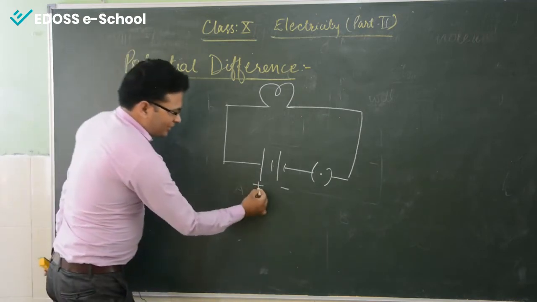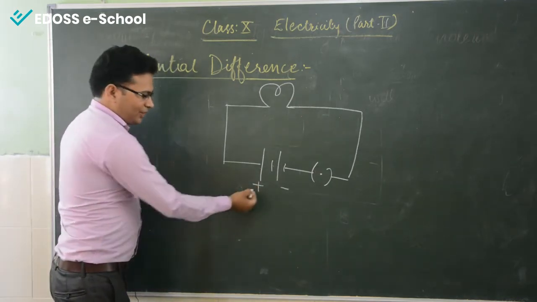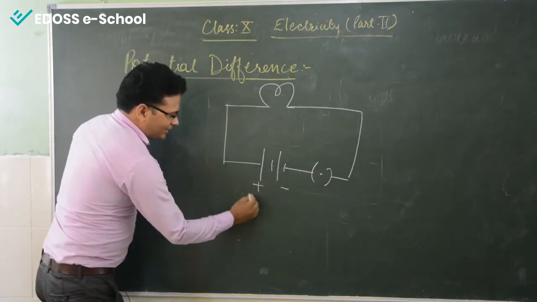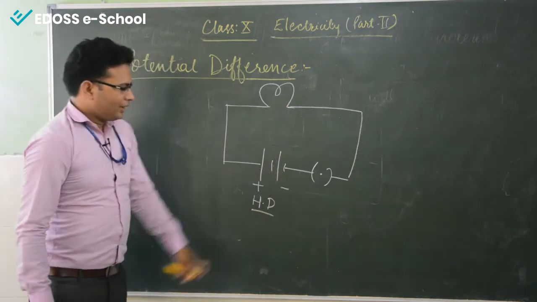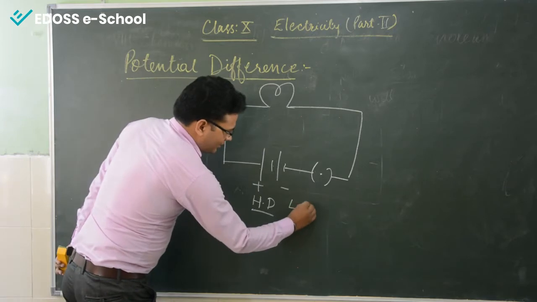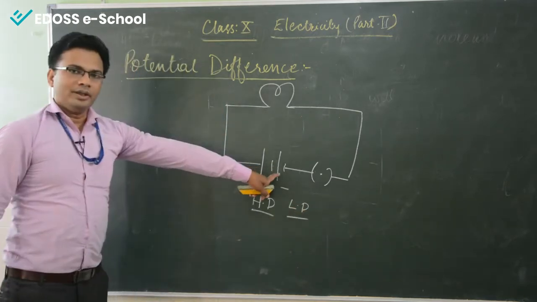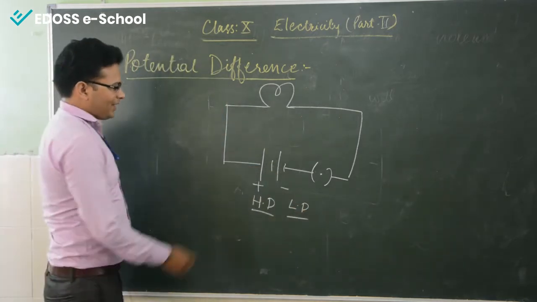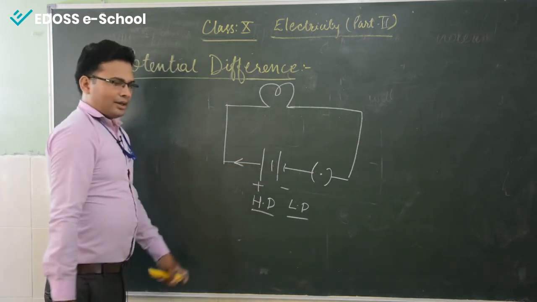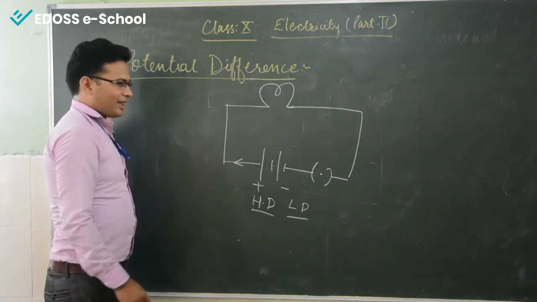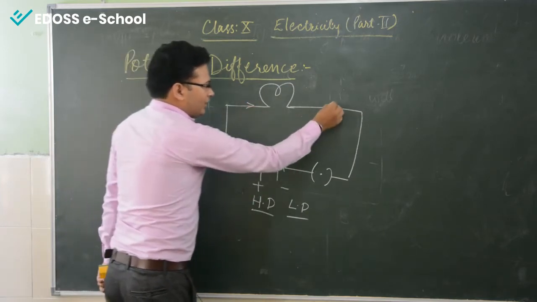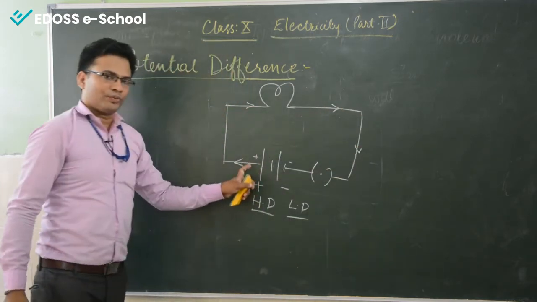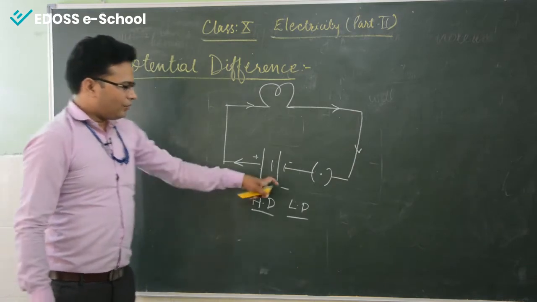So the positive terminal of the battery is considered to be at higher potential and the lower potential will be the negative terminal of the battery. So the current, or you can say the conventional direction of the current, would be from higher potential to the lower potential, means the current flows from positive potential to the lower potential.